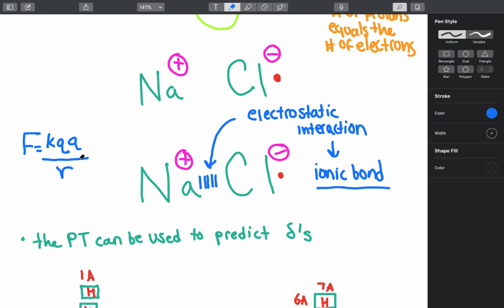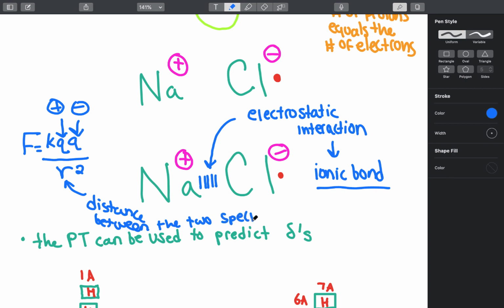You don't have to worry about this for chemistry, but it's just a cool thing to note. So this K is a constant, and these two Q's are the different charges. So this would be maybe the positive charge, and this Q would be the negative charge, and the R is the distance between the two species.